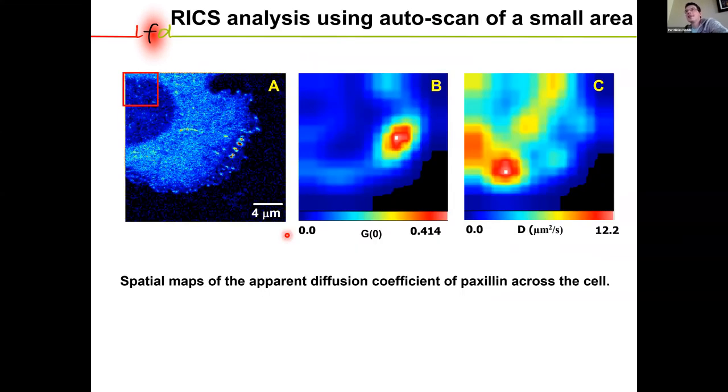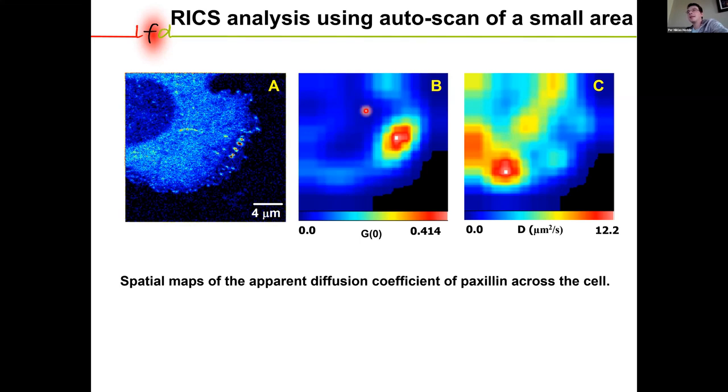And here's an example of how to create a diffusion map. You define a size of your region of interest, again, maybe 32 by 32 pixels. You calculate the diffusion coefficient based on the RICS analysis in that region. Then you shift the box, calculate again, and then get a map in this fashion of the entire image.